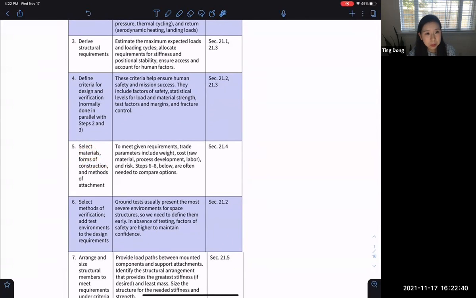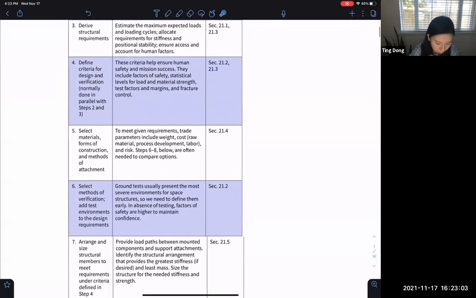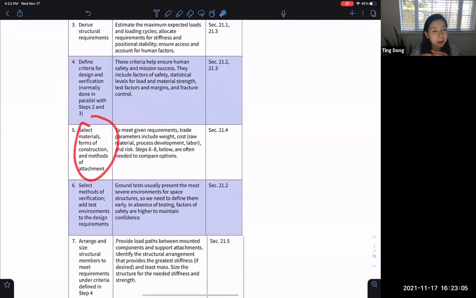For example, you can use monocoque, some groups use semi-monocoque, or you can use a truss structure if that is possible. For attachment methods, for metallic structures, you can use welding or fasteners. For composite material, you can use bonding. So based on this guidance, that is the actual design of our structure part.